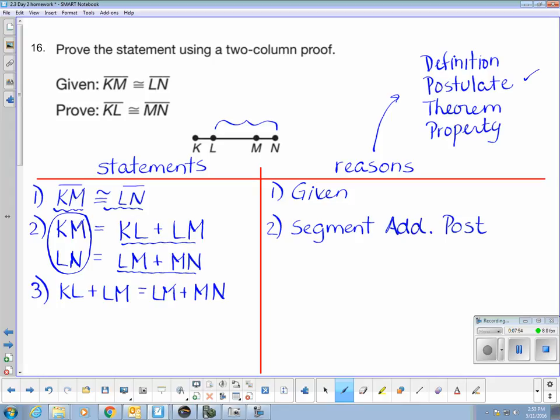So I took equal parts and replaced them or substituted for the substitution property. So now I've used the property.